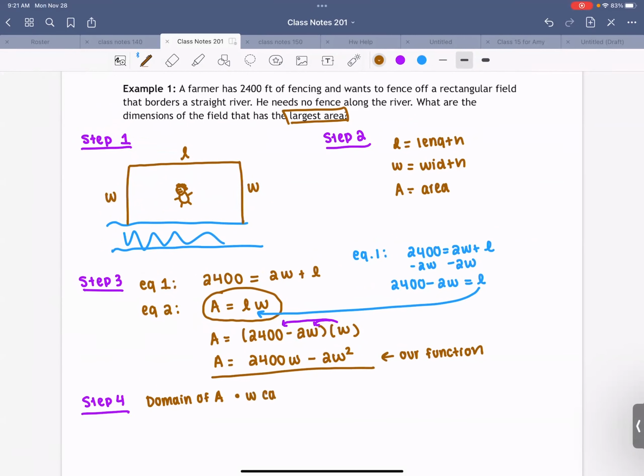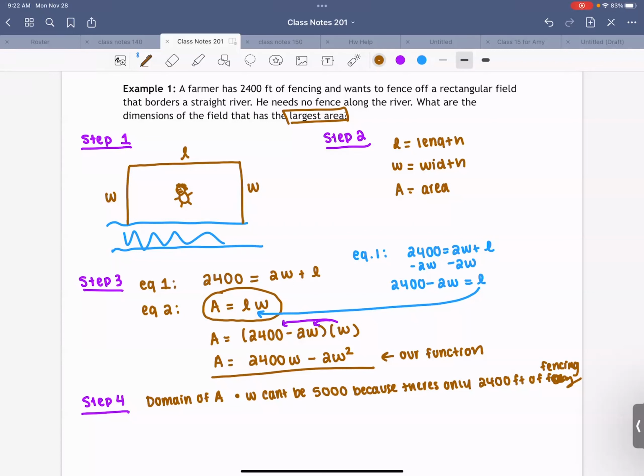W can't be 5,000 because there's only 2,400 feet of fencing. We can't work with more fencing than we have, right?